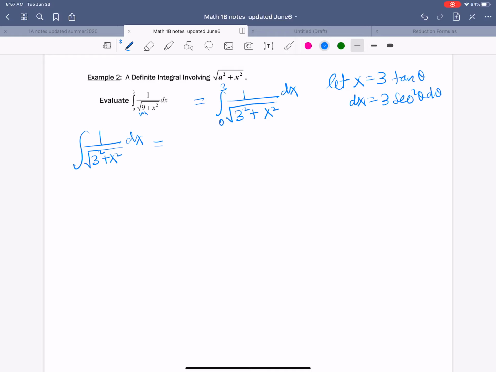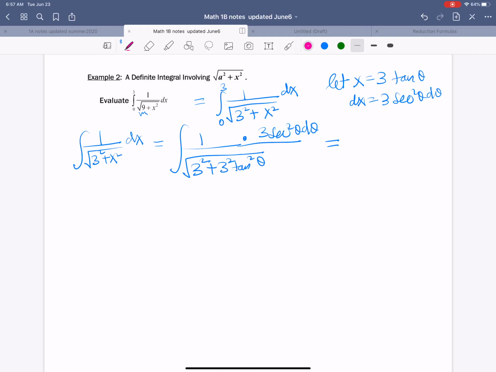Okay, let's go ahead and do the substitution. We have 1 over the square root of 3 squared plus 3 squared tangent squared theta, and on the top, we have 3 secant squared theta d theta. It looks like I do have 3 squared, or 9, inside the square root.